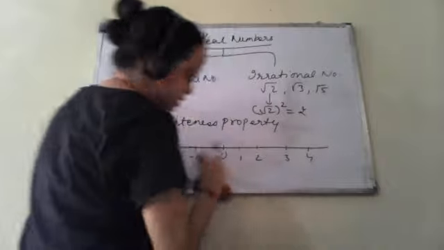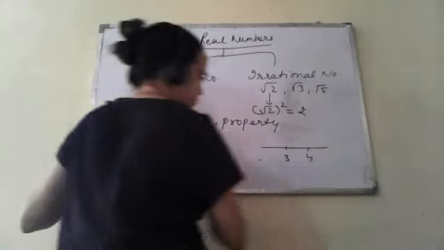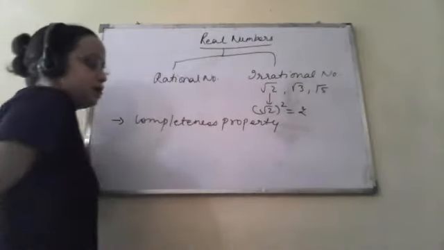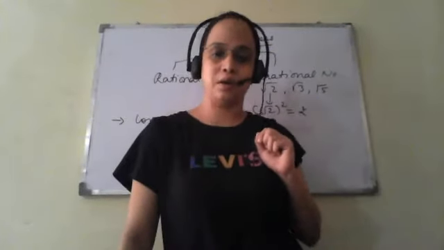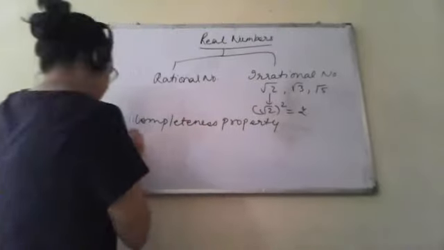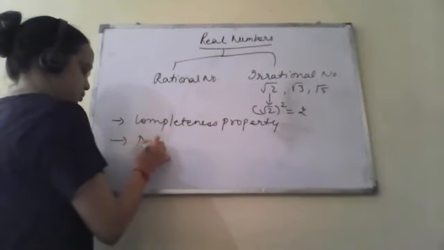Next is the density property. So the completeness property says that every point on the number line corresponds to a unique real number. Now the second is the density property.